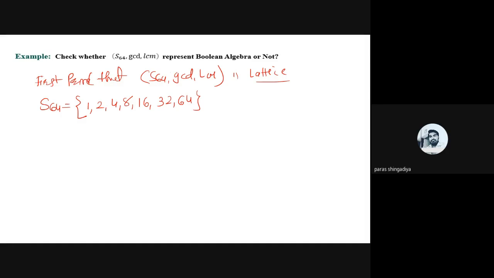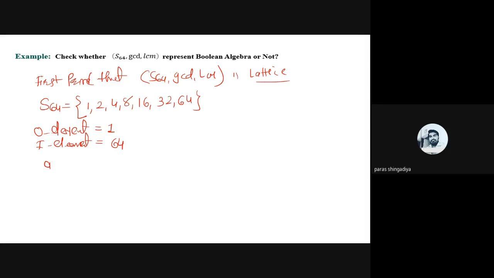Okay, this is the S64 we have. Clear? Here the 0 element is 1, the first entry, and the I element is 64, the last entry.